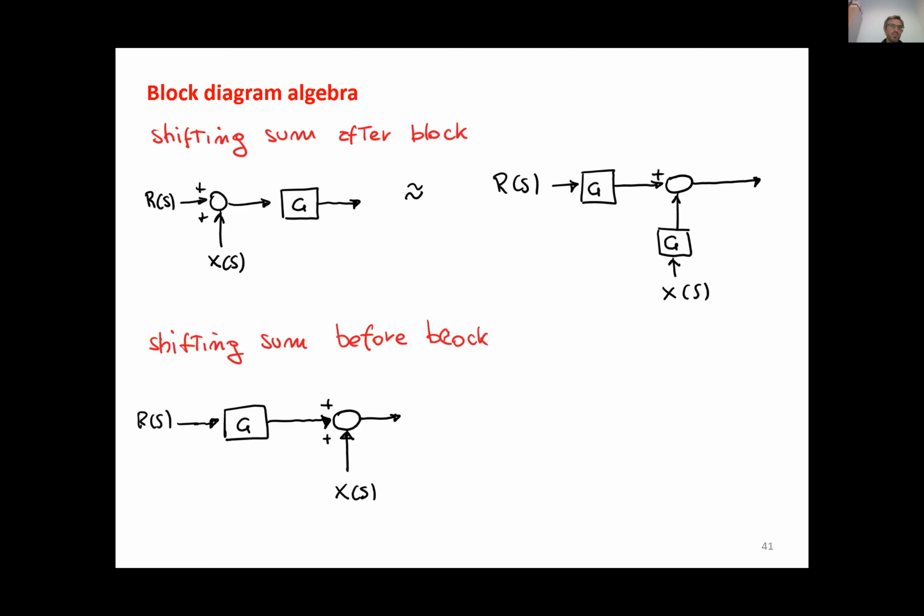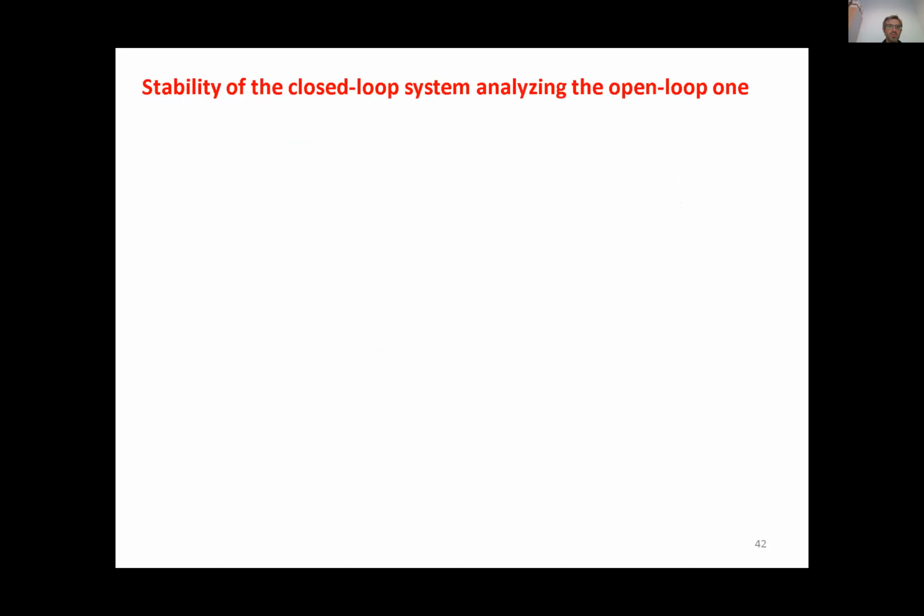Or, shifting the sum point before the block, for the input that didn't have the block, you divide by G. Using these tricks, you are able to work out transfer functions of any complexity, because you reduce the loops and obtain, with these rules, a single transfer function from all the subcomponents. And I will provide you in the slides a site that gives all the composition rules for block diagrams.